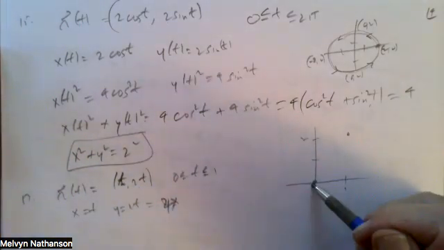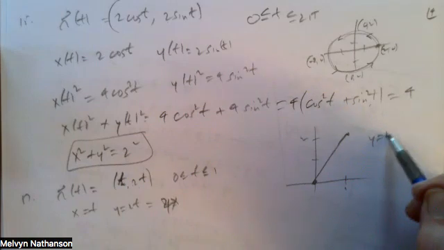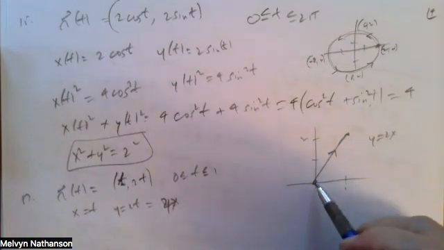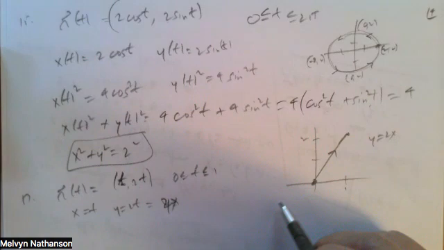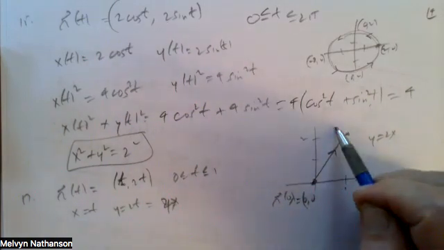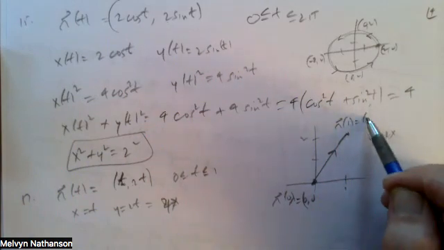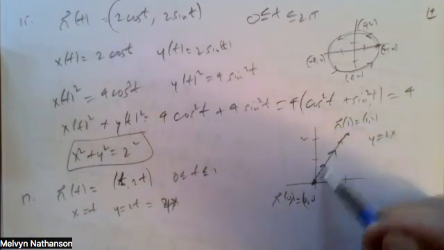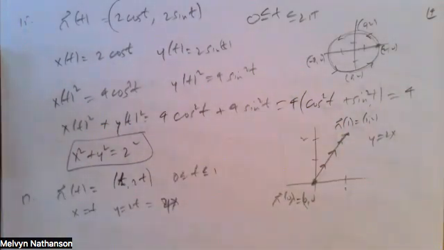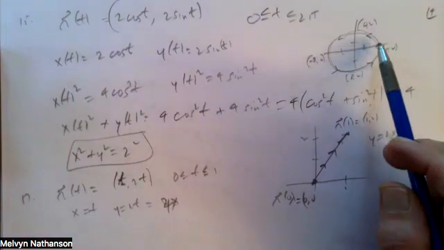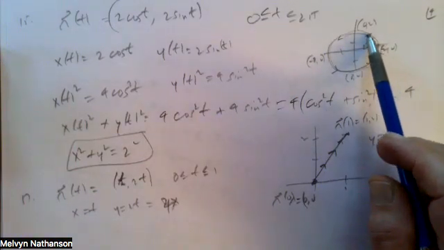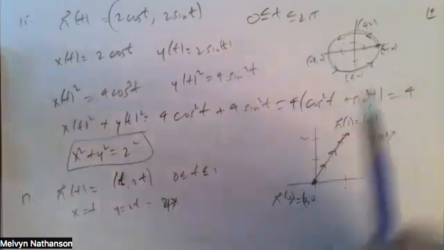So you're just moving along the line y equals 2x. This point, r of 0 is 0, 0. r of 1 is 1, 2. You're just moving along this line. That's the curve traced out by this function. And the arrows indicate positive orientation, which means the direction the particle is moving as t increases.